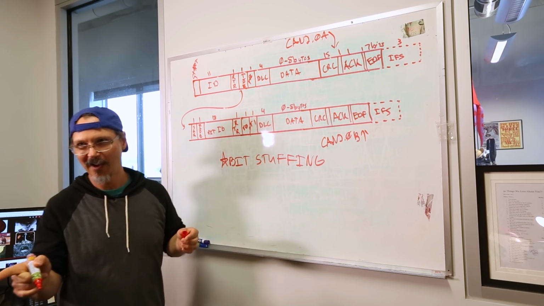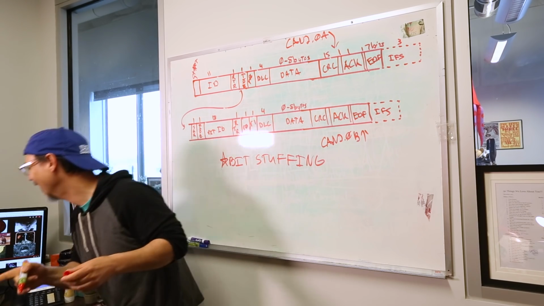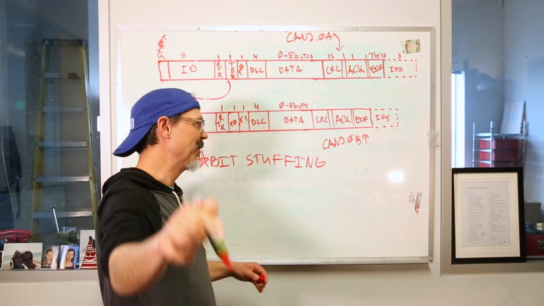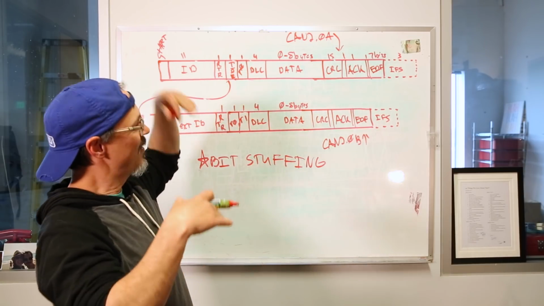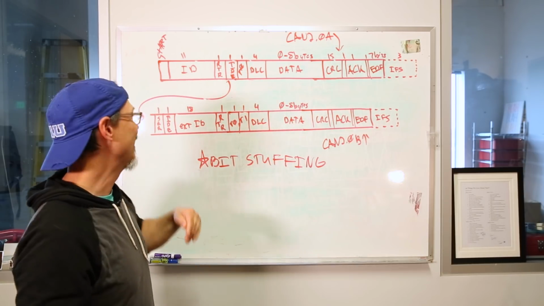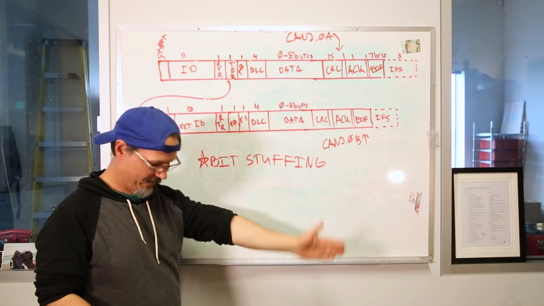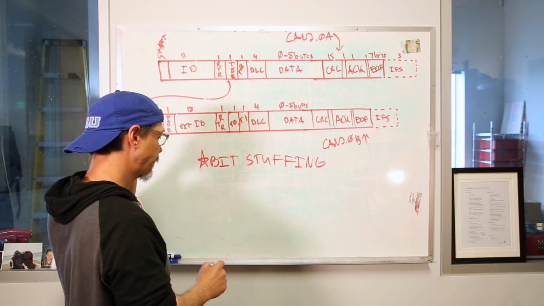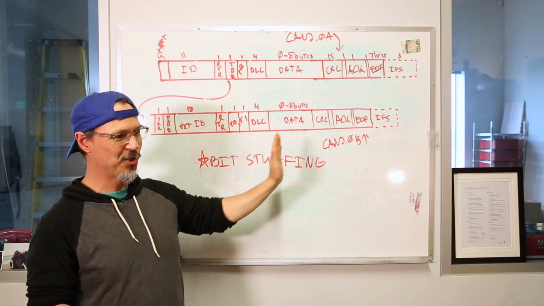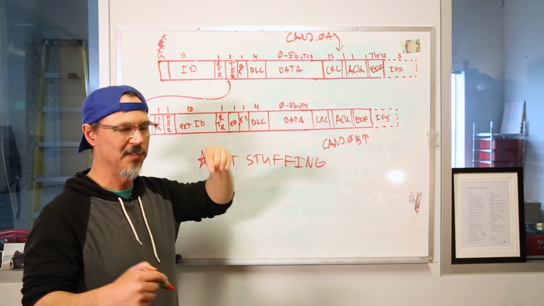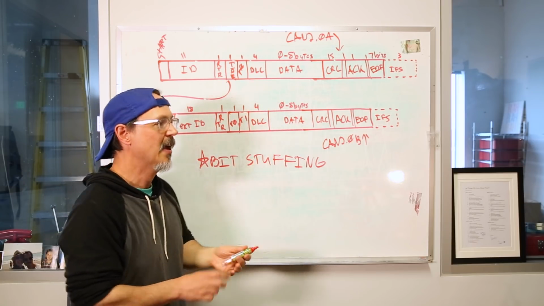I need to double check that. I just looked at my notes: recessive to dominant. It'll sync on every transition from a recessive to dominant bit, and it starts at the start bit. When that sucker goes low, it starts timing, okay? And on every transition that it sees from recessive to dominant, it's going to resync.